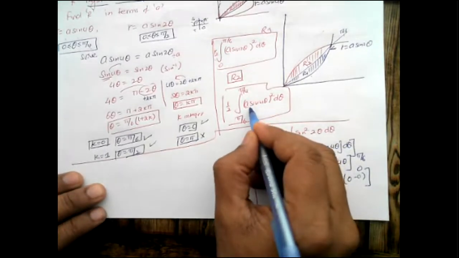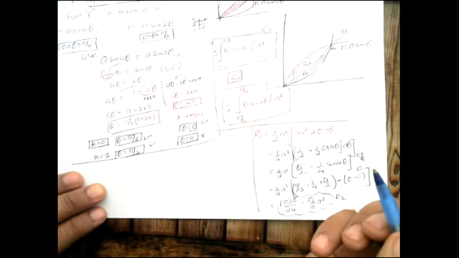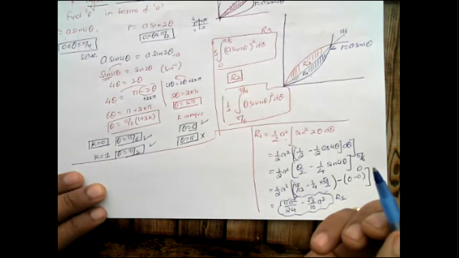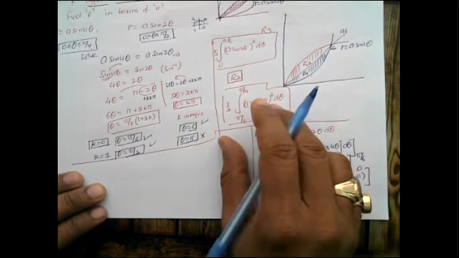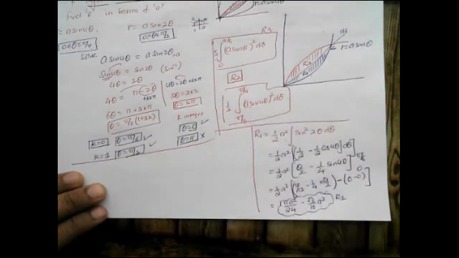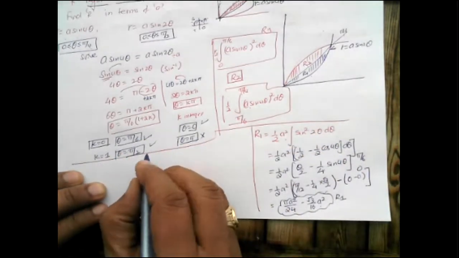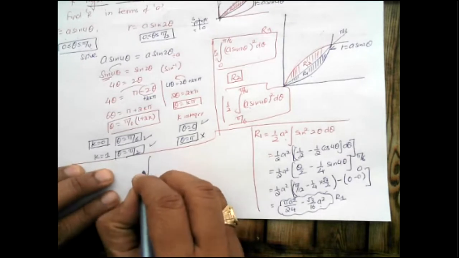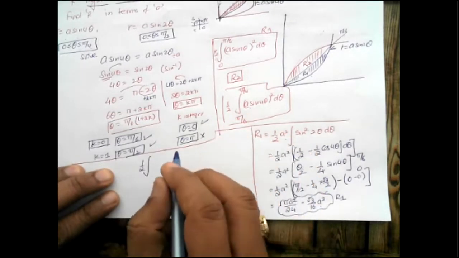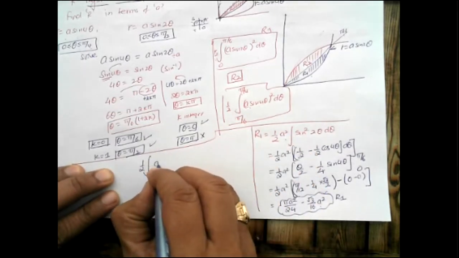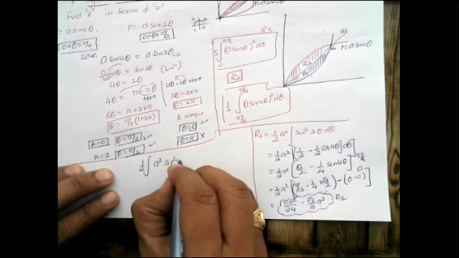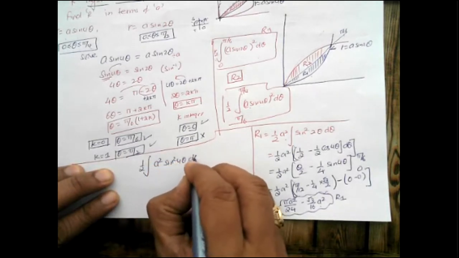So guys, same thing again. Can you just work this out yourself? This is a 4 theta there, so it comes out as 8 theta. Let's work it out separately over here, then we add it. I will be working out half, and I'll put the limits later, a squared sine squared 4 theta integrated.